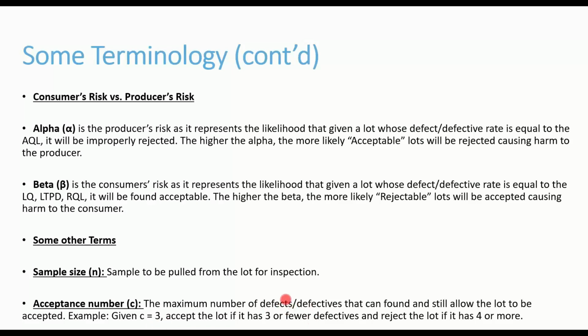Defects and defectives too is just something that's interesting. You could have defects and that's still okay sometimes. Defectives is what you're really looking for. But sometimes a defect might make a lot rejectable. Okay, so it really depends on what you're looking at, what your organization's doing, what you're manufacturing. A lot of times maybe you have a little scratch on the bottle.